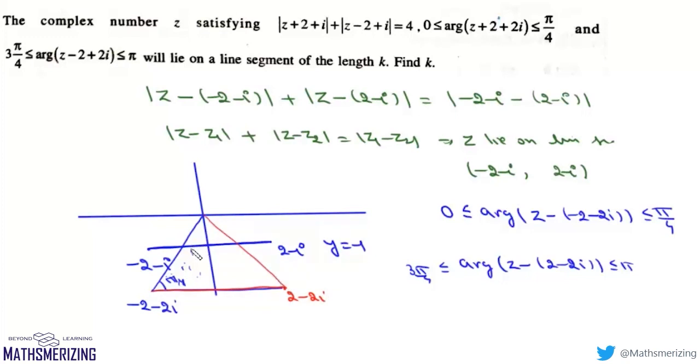Now the complex number z which is common to all the three regions is this length. Now this is 1 unit and this angle is 45 degrees. That means this is 1 and this is also 1. So it will be a line segment of length k, then the value of k is simply 2.